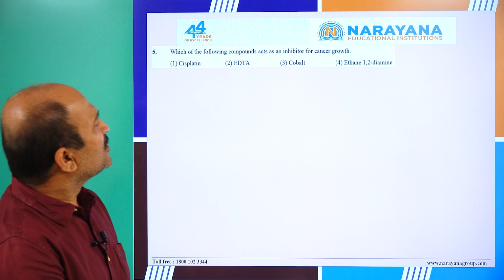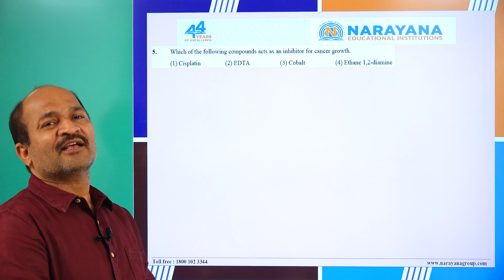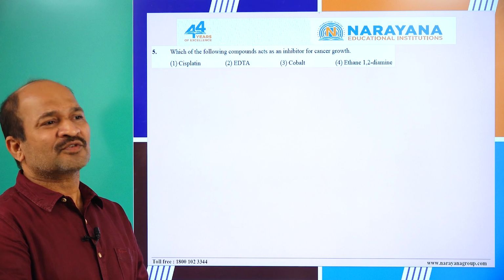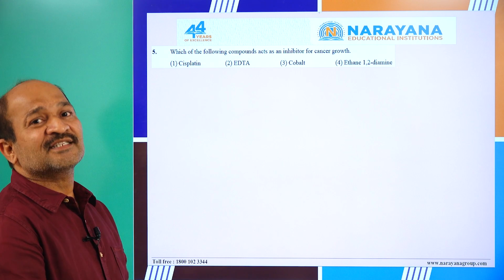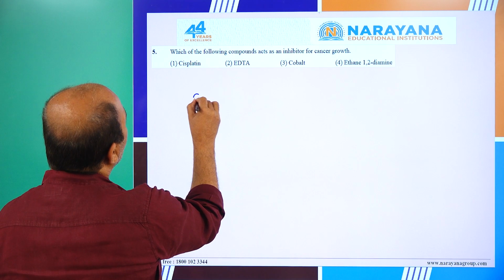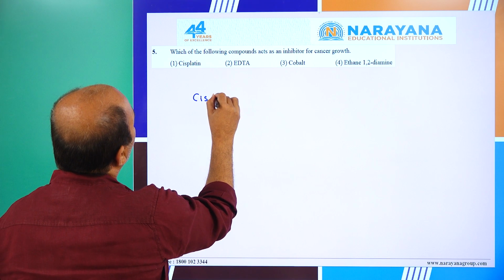Which of the following compounds acts as an inhibitor for cancer growth? It is a direct question from the NCERT textbook. The right answer is cisplatin. It is an informative question. Here students try to learn cisplatin now.